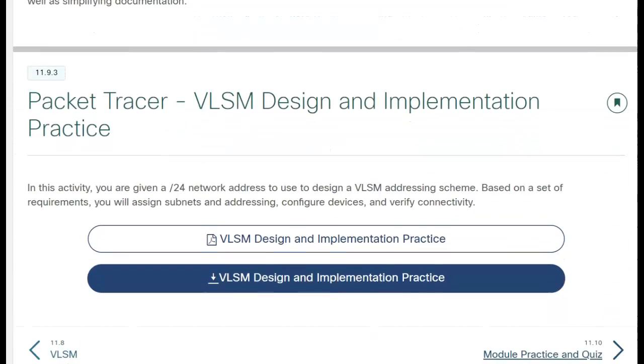So you're going to practice in Packet Tracer, VLSM design. Just keep in mind, the biggest step of VLSM is knowing your needs, and sequencing those largest to smallest to see what's your first biggest number of bits you're going to borrow to fit that largest subnet.